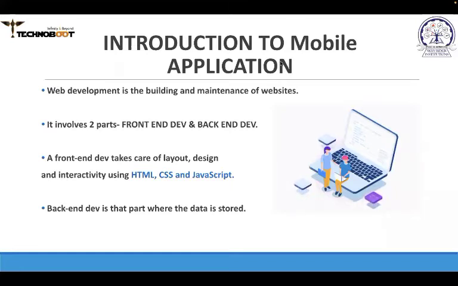And then coming towards the backend, as I had already told you, backend development is the part where data is stored, for example, in the servers. Front end is also on the server, but front end is visible to others, while backend cannot be visible. For example, if you try to log in, your ID and password are saved in the database.